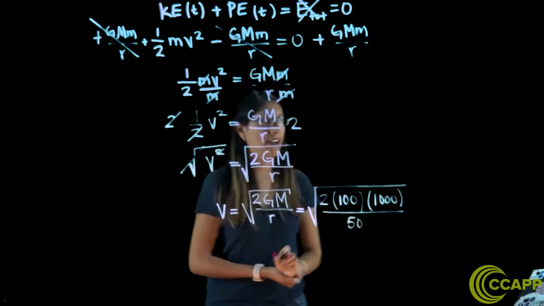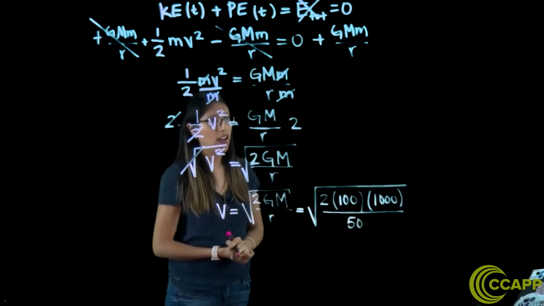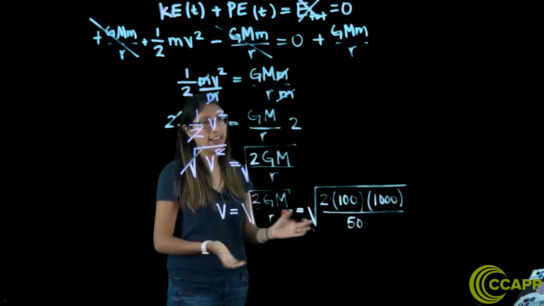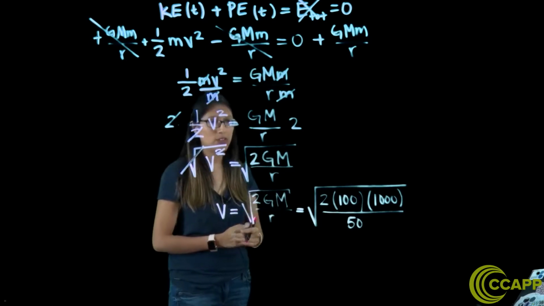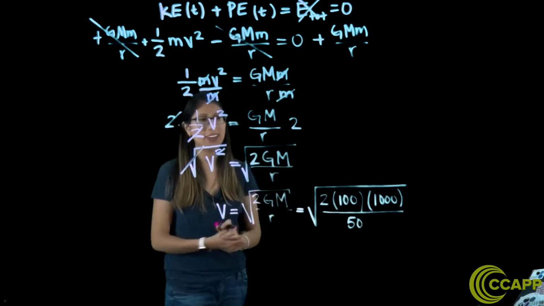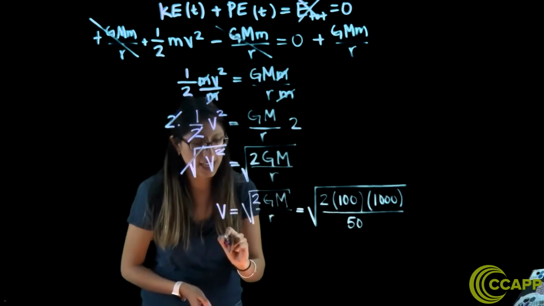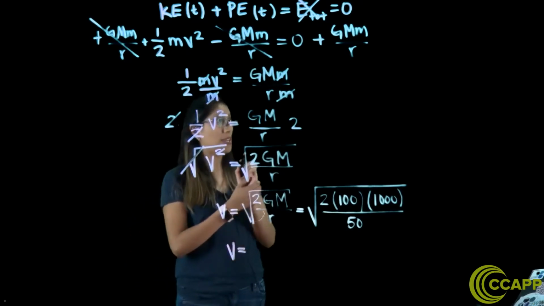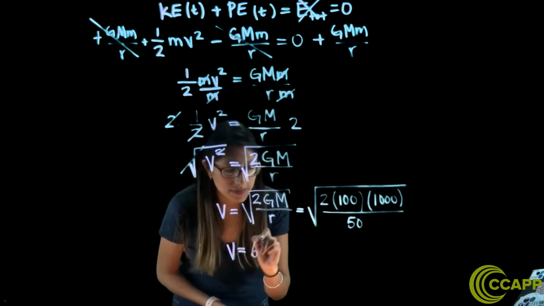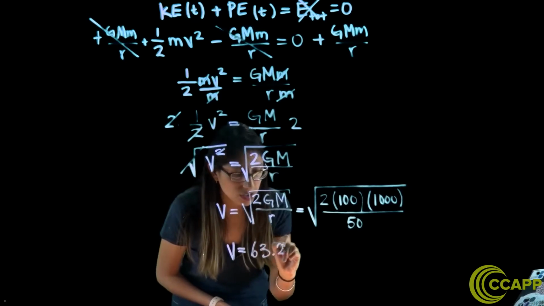So now we have this equation. And we can either put this in our calculator or do mental math, whichever you prefer, and we'll get that the answer for the velocity will actually be 63.25.